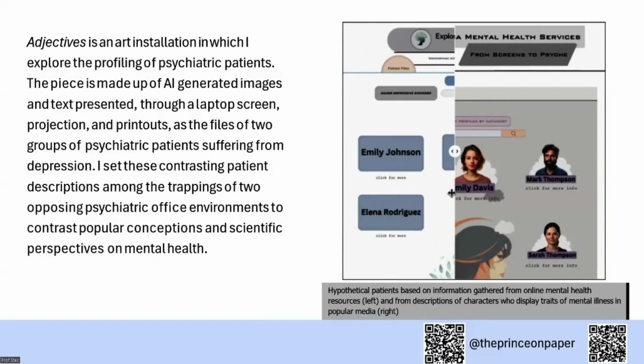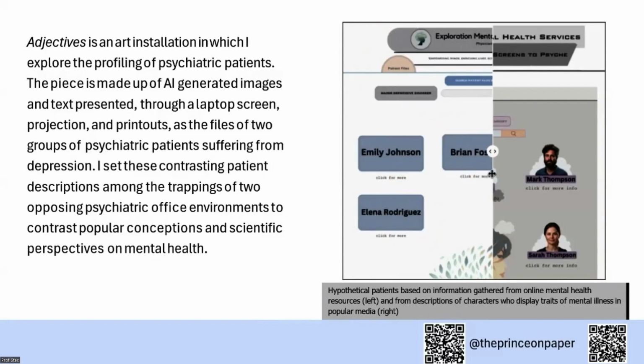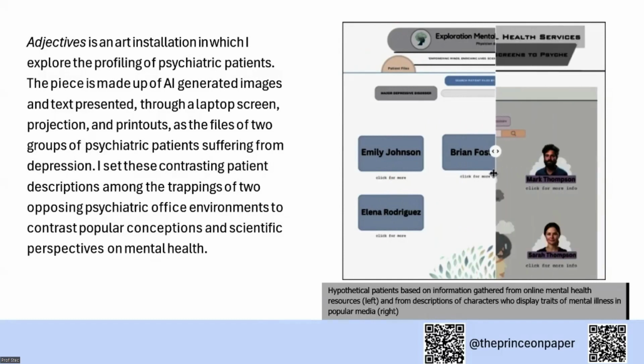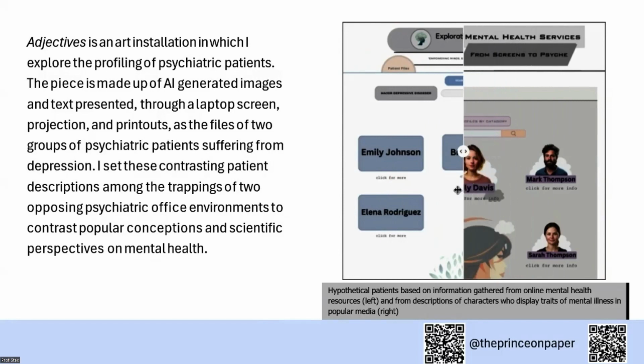So you see here, these are some of the patients in the two categories that I made. I generated 5 patients for each.